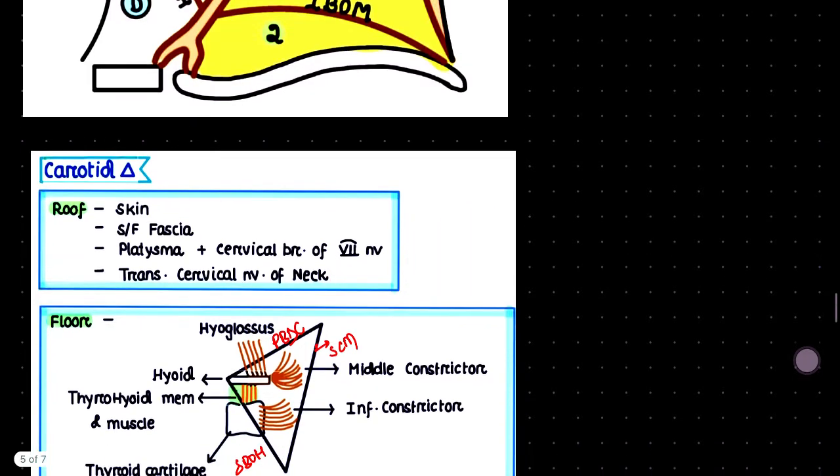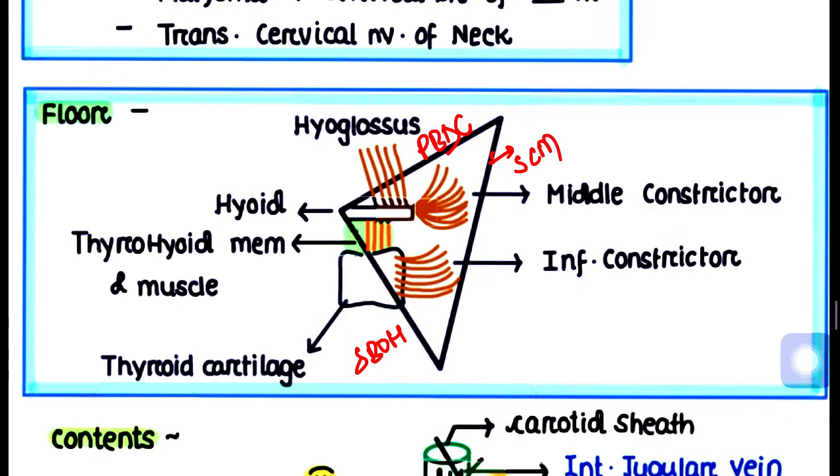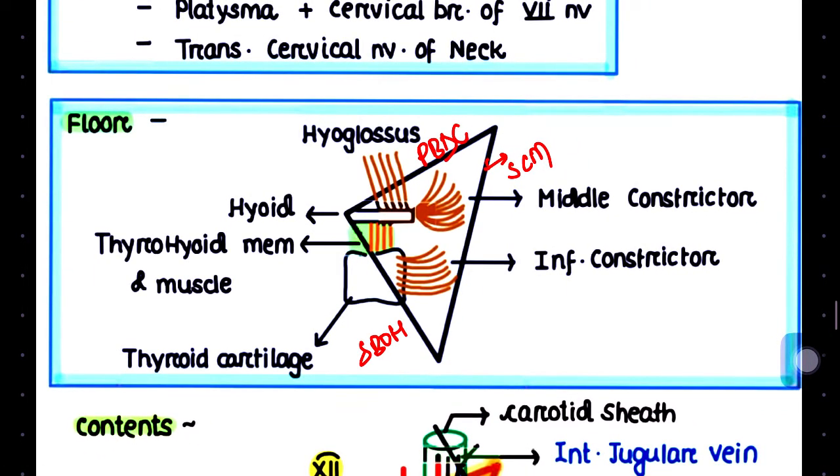Now moving toward the floor. Talking about the floor, I would like to again mention this is the hyoid bone, where our digastric muscle and omohyoid muscle were attaching. From this hyoid bone there is one muscle, our hypoglossus muscle.